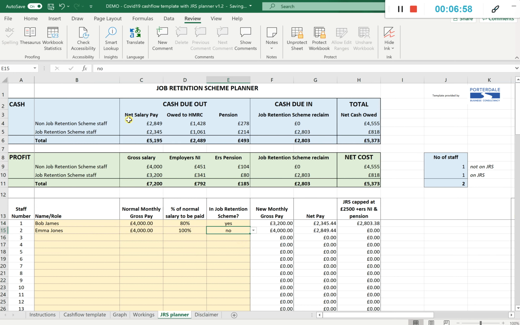And you've always got the split between scheme staff, non-scheme staff, cash totals, owed to HMRC, pension, and the amount owed back. So that's the overview of how the job retention scheme planner works, where to input, how to interpret the summary and read that and get the information, and how to get the number of staff that are on the scheme and not on the scheme after you've input all your employees on it.